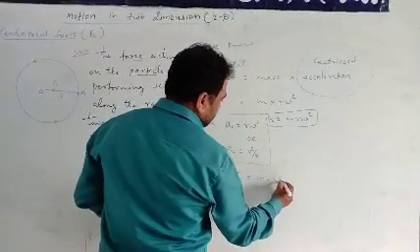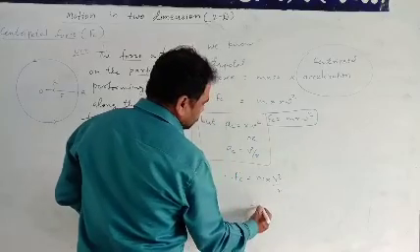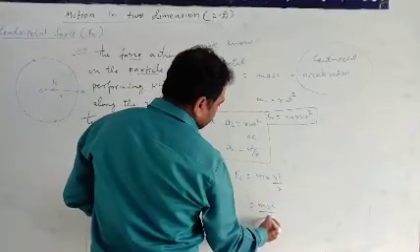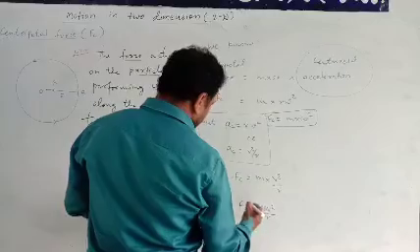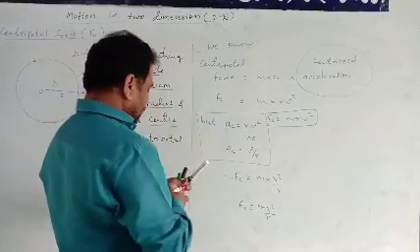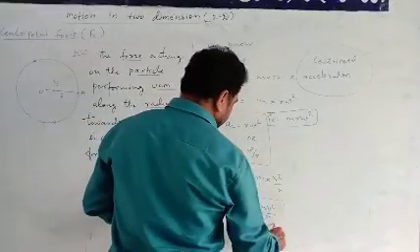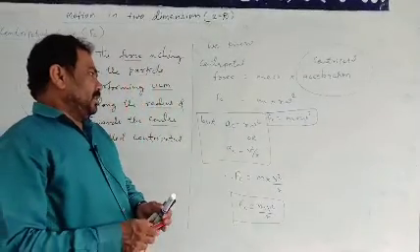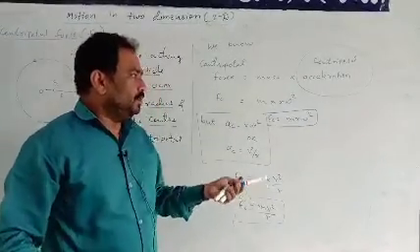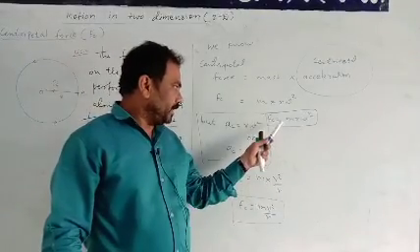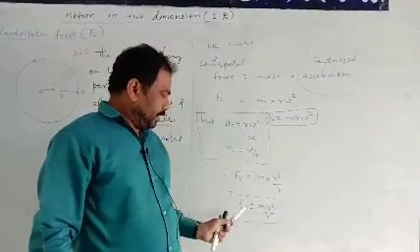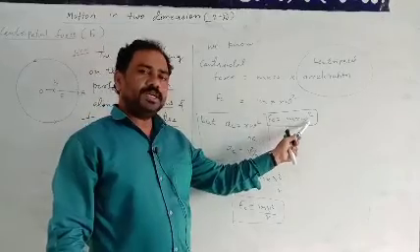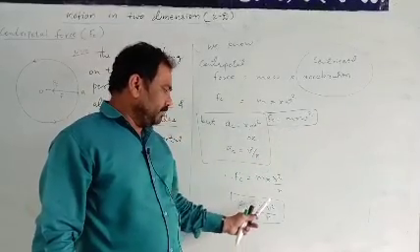Therefore we get m v square by r, that is the Fc. So we have two magnitudes here for centripetal force. One is m r omega square, another is m v square by r.